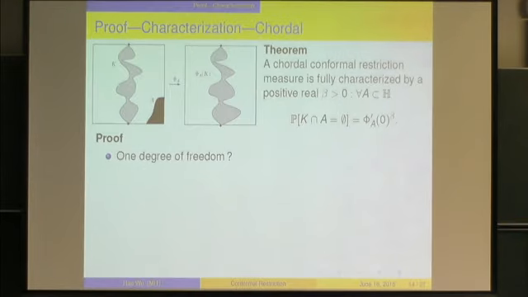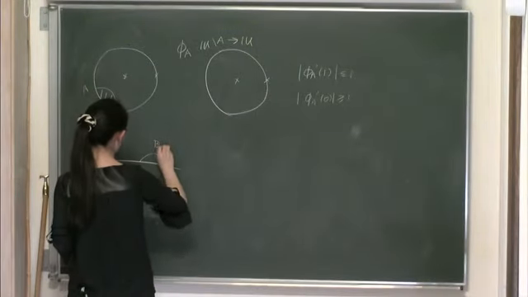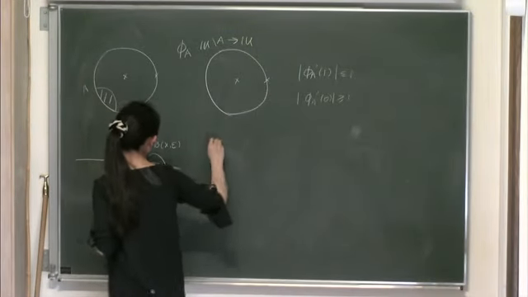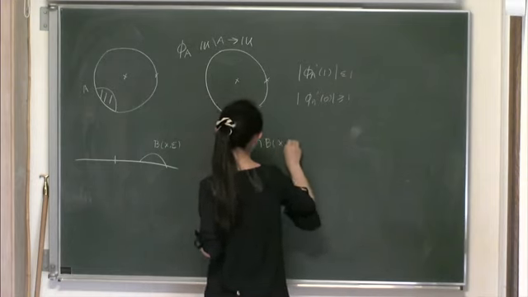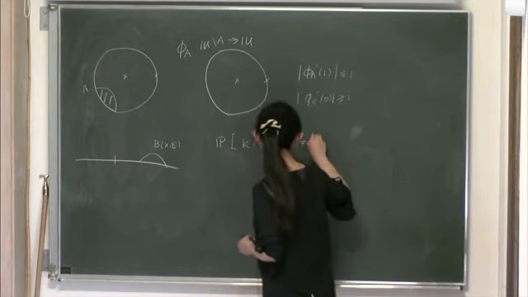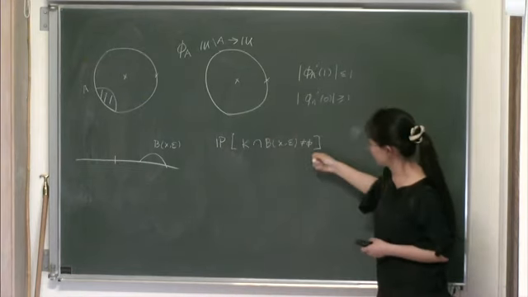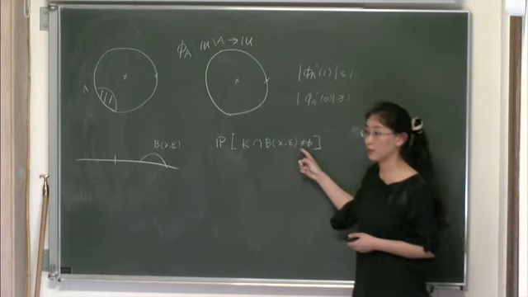The idea of the first step is we calculate the probability that this random set hits a small ball along the boundary. Of course, this probability would decay as epsilon goes to 0.